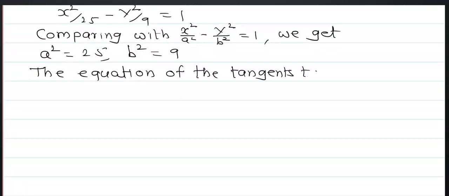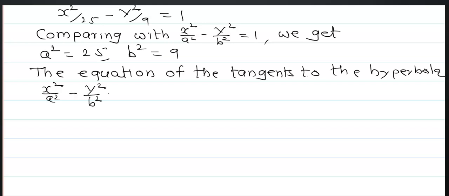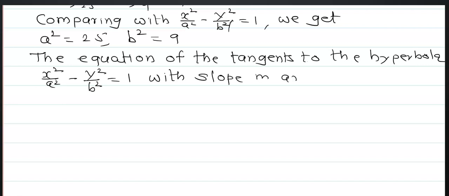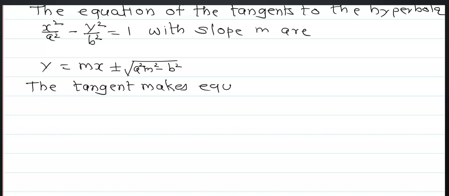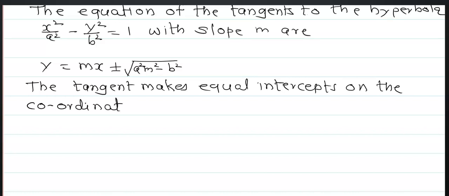The equation of the tangents to the hyperbola x square upon a square minus y square upon b square equals 1 with slope m are y equals mx plus or minus root of a square m square minus b square. The tangent makes equal intercepts on the coordinate axis.